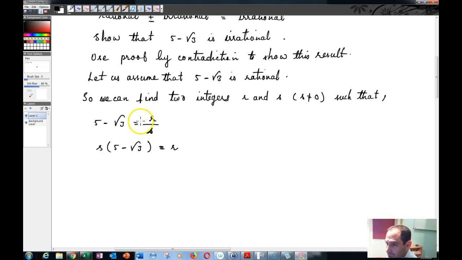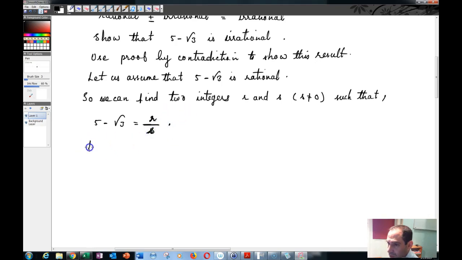Or you can do something else. Let's see how I can get to some sort of contradiction. If 5 minus square root of 3 is equal to r by s, then, okay, let's say that this is equal to r over s.